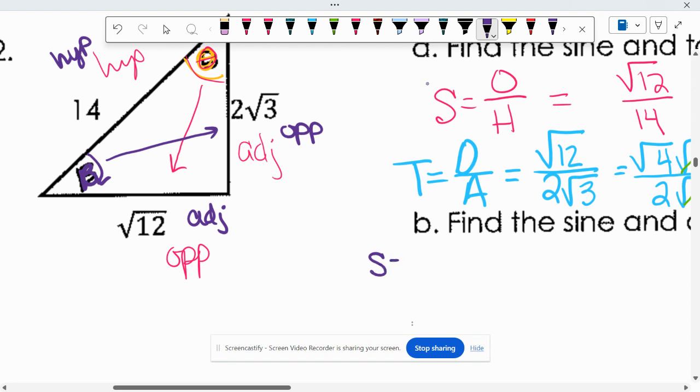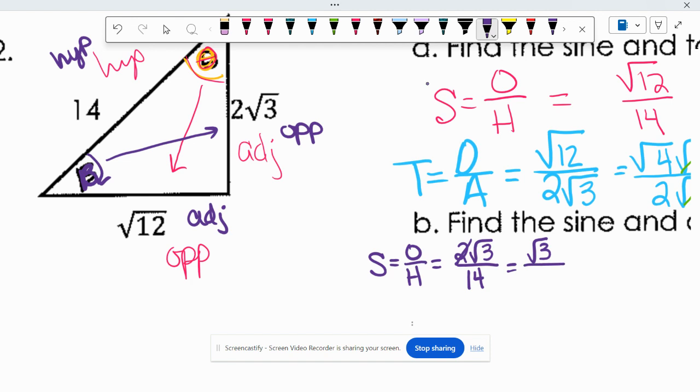So the sine, which is the opposite over the hypotenuse, is 2 root 3 over 14. Can I simplify that? Yeah, I can divide by 2. So I'm left with the square root of 3 over 14 divided by 2 is 7. So that's the sine of beta.